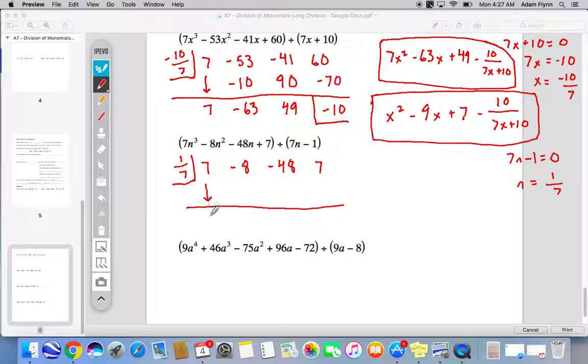Drop the 7. 7 times 1 over 7 is 1. Negative 8 plus 1 is negative 7. Negative 7 times 1 over 7 is negative 1. Negative 48 minus 1 is negative 49. Negative 49 times 1 over 7 is negative 7, and 7 minus 7 is 0.